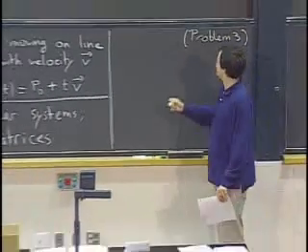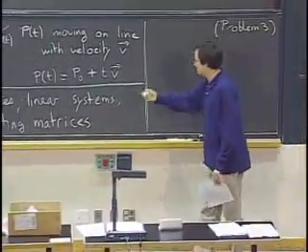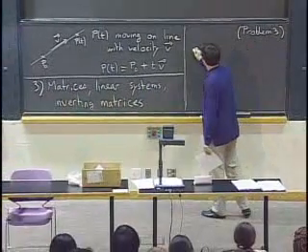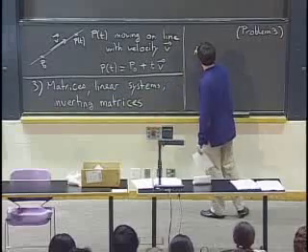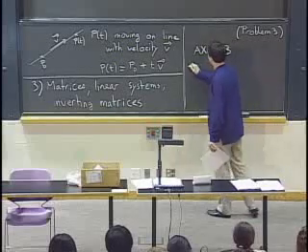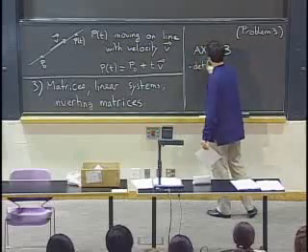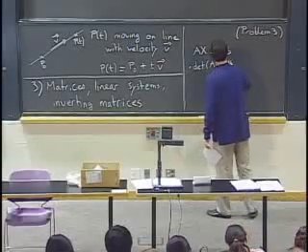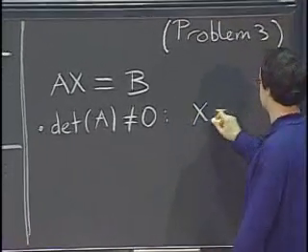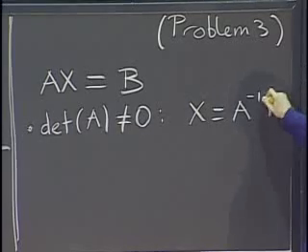Anyway, we'll come back to it later. But a couple of things that you should remember. If you have a system of the form AX equals B, then there's two cases. If the determinant of A is not 0, then that means you can compute the inverse matrix, and you can just solve by taking A inverse times B.